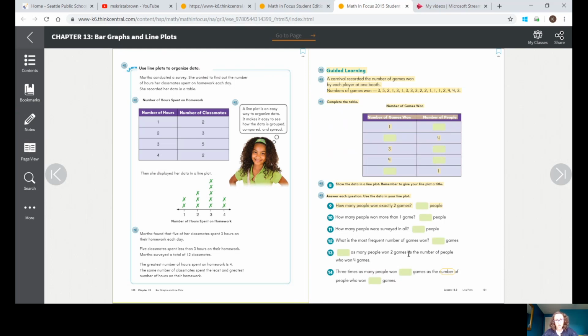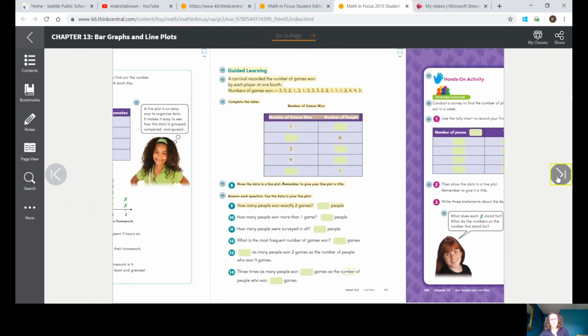Twice as many people won 2 games as the number of people who won 4 games. And the last one, 3 times as many people won 3 games as the number of people who won 4 games. Go ahead and turn your page.